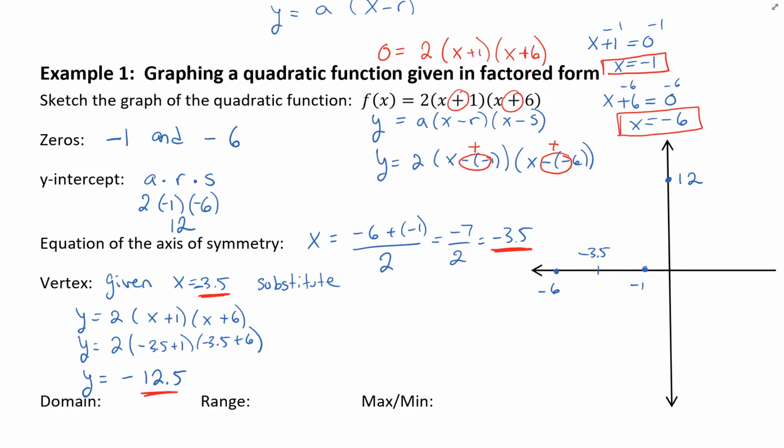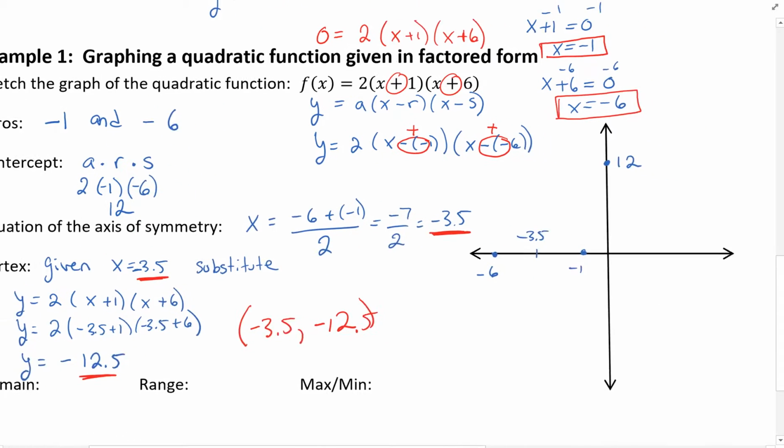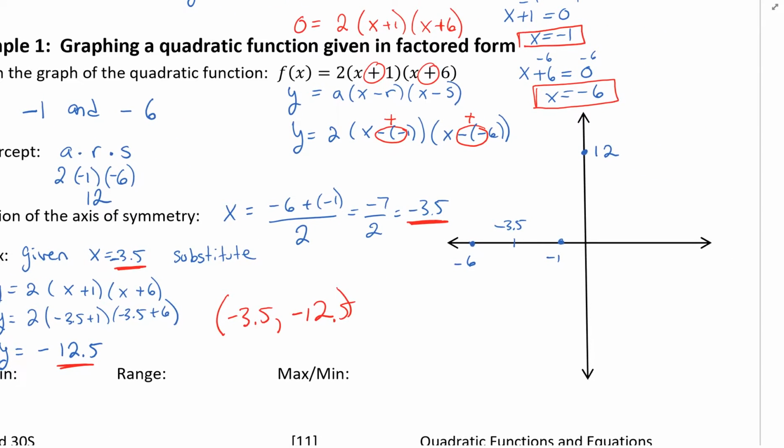So what is my vertex? My vertex is negative 3.5 and negative 12.5. So on my graph here, I'll go down to negative 12.5 and negative 3.5, and I could put in my vertex there. At this point, we can draw our quadratic.